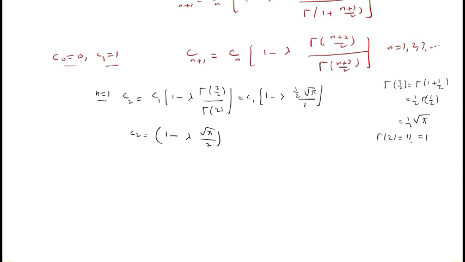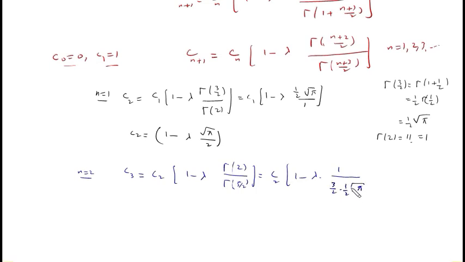Now taking n equal to 2, this becomes C_3, and then C_2 into (1 minus lambda) gamma of (n+2)/2, n is 2, so 2+2 is 4 over 2, which is gamma of 2, and in the denominator it is gamma of 5 by 2. This can be written as C_2 (1 minus lambda), gamma 2 is 1 factorial, which is 1, and gamma 5 by 2 can be written as gamma of 1 plus 3 by 2.